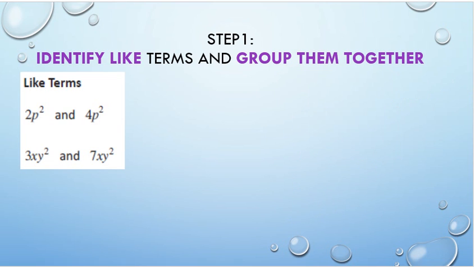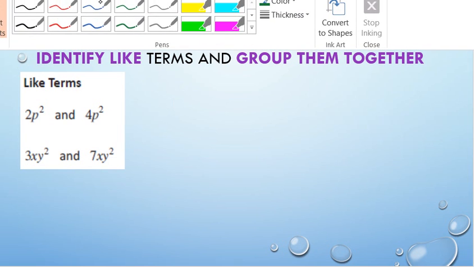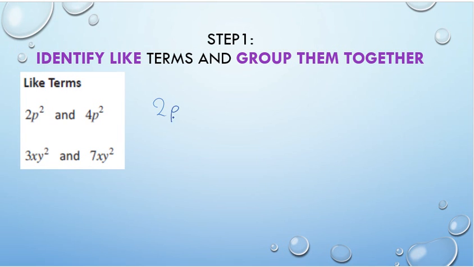We have done these like terms. Let's play another one. Let's say if you can do something here. 2b squared and 4b squared, take away 1b squared, take away 6b squared, plus 2b squared. Are they all like terms? Yes, they are. So what are we doing here?